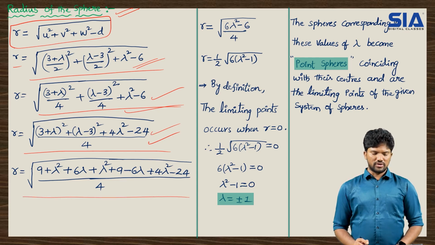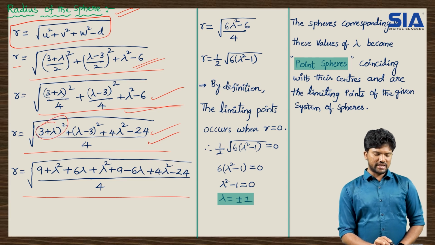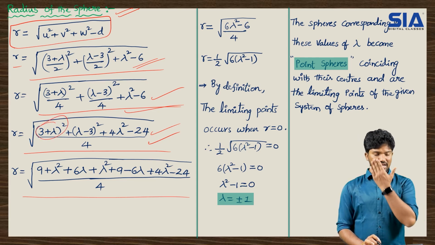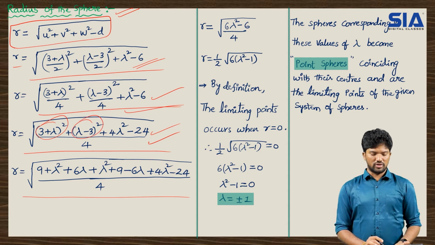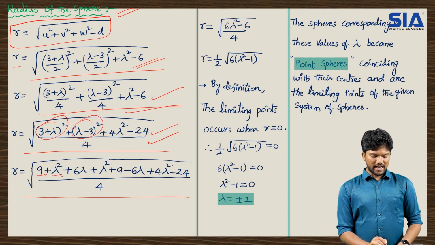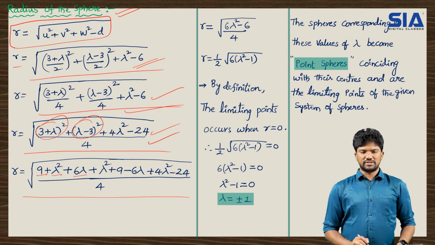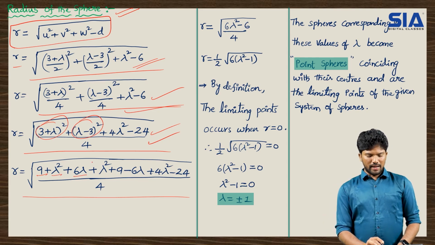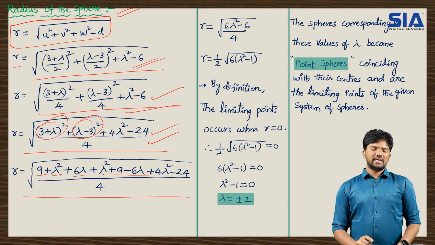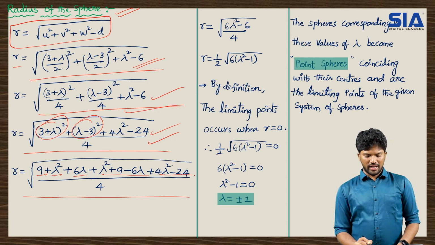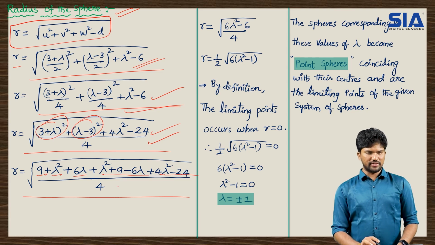Next, expand these values with the a plus b whole square formula and the a minus b whole square formula. (3 plus lambda) whole square is 3 square plus lambda square plus 2 into 3 into lambda, and (lambda minus 3) whole square is lambda square plus 9 minus 6 lambda. Next, 4 lambda square minus 24 as it is, by 4.